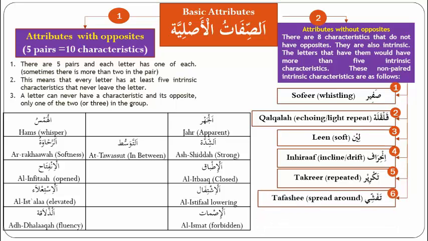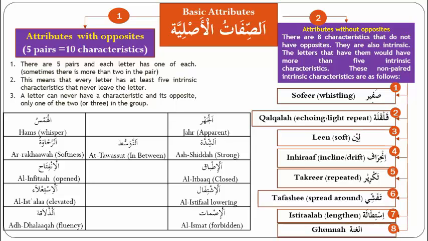At-tafashi is the 6th attribute, which means spreading around. Al-istitala, number 7, has to do with lengthening. Sound is lengthened. And then the 8th character that the Shaykh included is al-ghunna, which we know is a kind of singing.